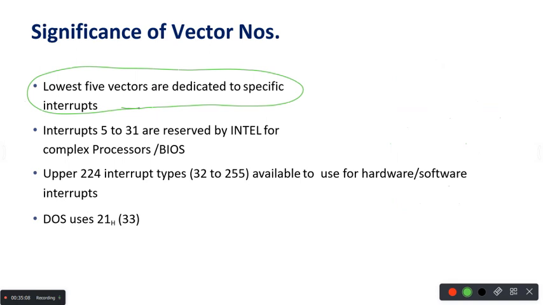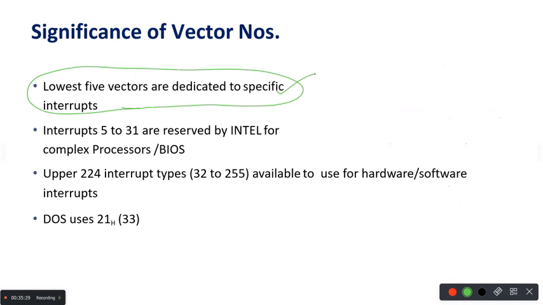So every vector, as I said, has a purpose. The lowest 5 means vectors 0 to 4, which are used for specific interrupts. We'll see what those specific interrupts are.